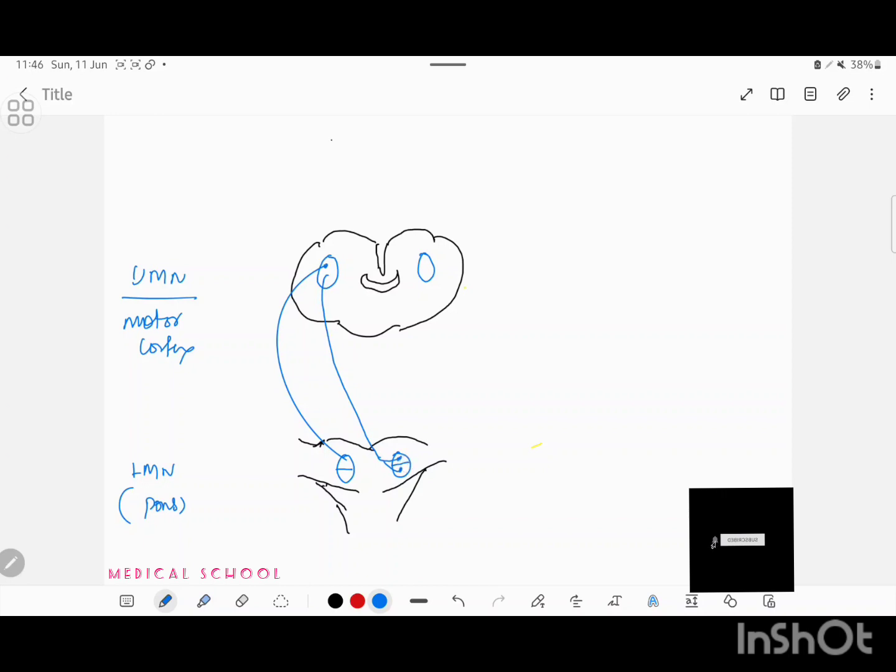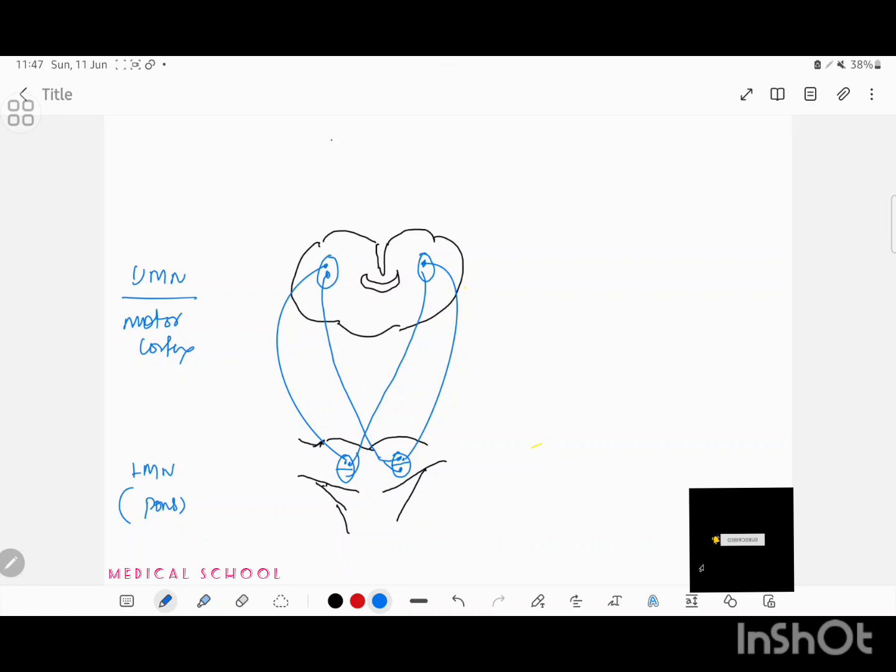So the ipsilateral upper motor neuron supplies the ipsilateral upper half and the contralateral upper and lower half. Similarly, the opposite side UMN supplies the ipsilateral LMN its upper part and the contralateral LMN its upper and lower part.